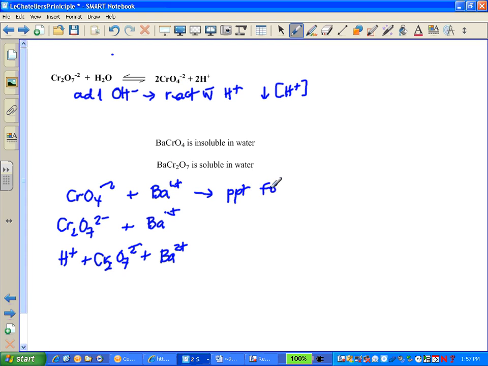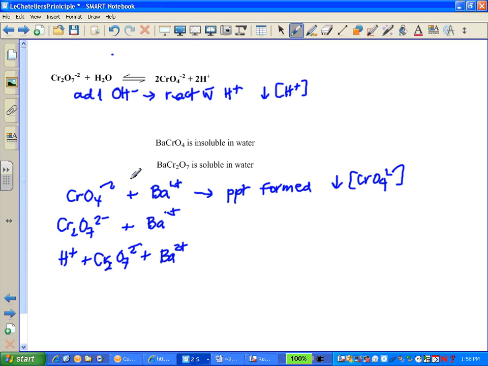So precipitate formed, okay, and it also decreases the concentration of CrO4 2-. Okay, so hopefully you observed that precipitate, and you also observed the shift of the equilibrium due to the decrease of the chromate ion concentration.